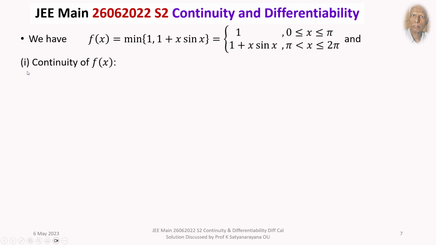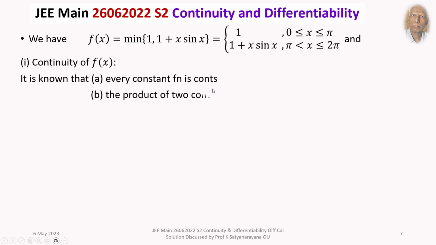First we talk about the continuity of f of x. It is known that every constant function is continuous, the product of two continuous functions is continuous, and the sum of two continuous functions is continuous. These results are required to talk about the continuity of this function.